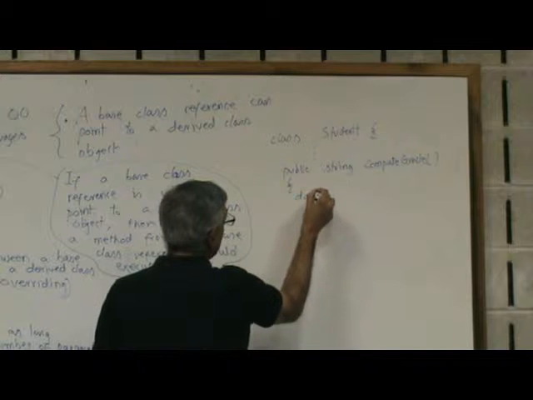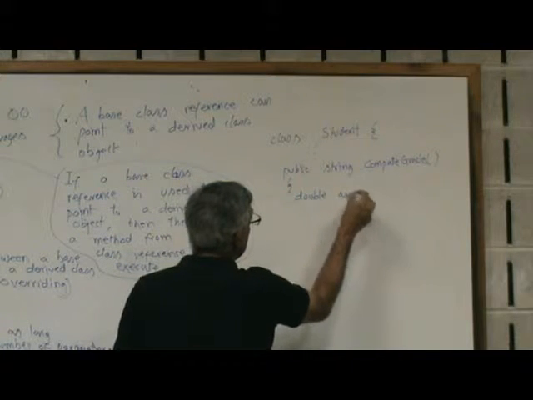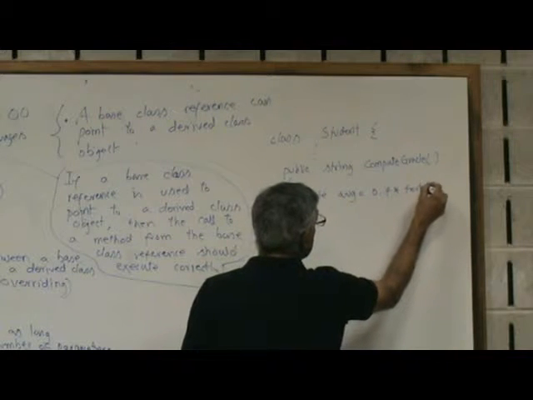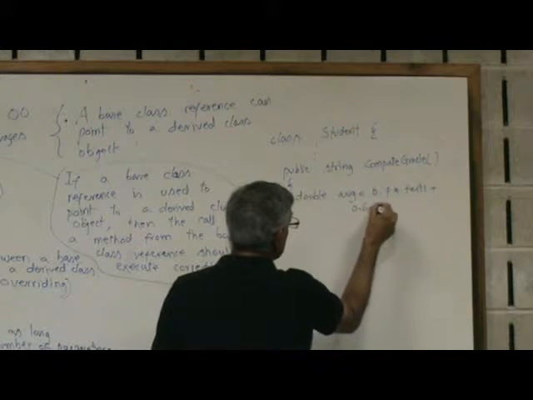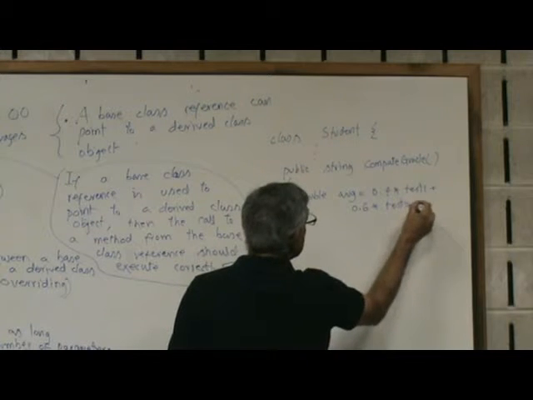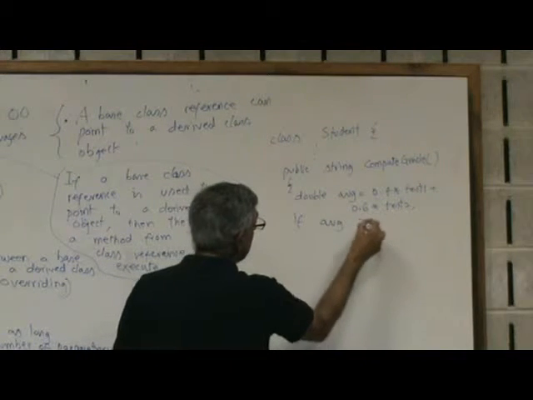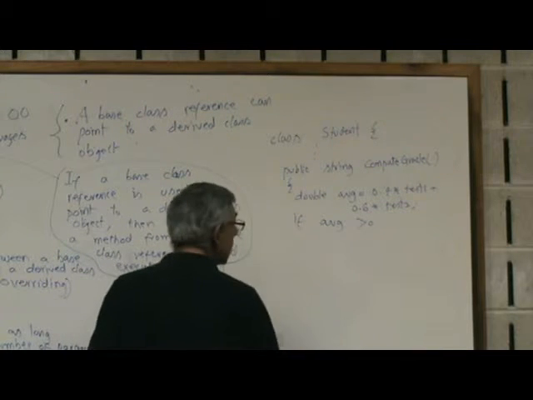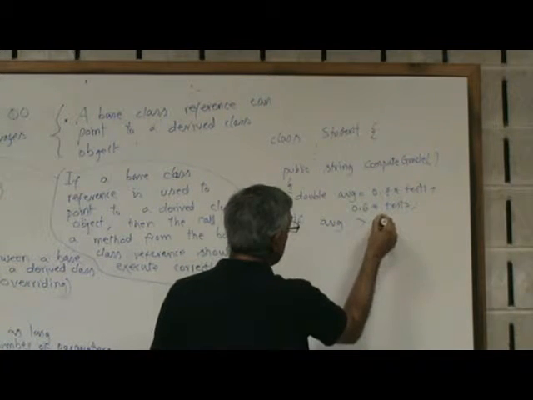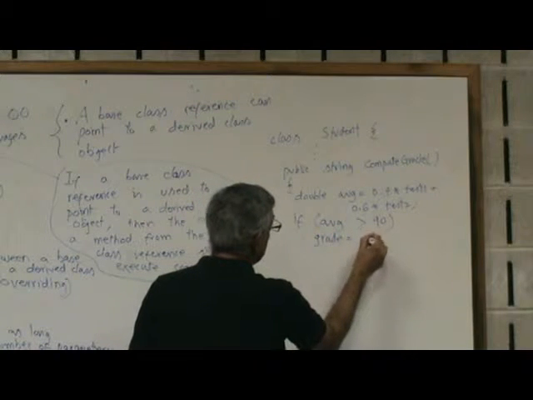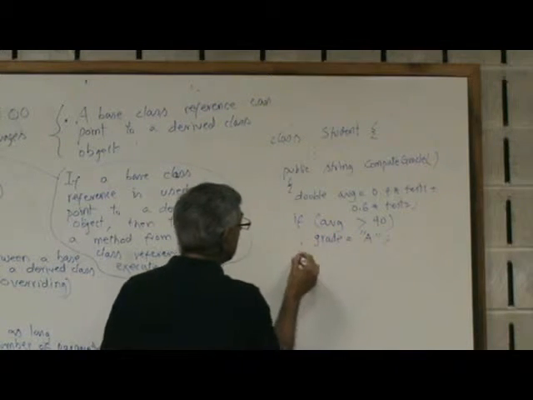And we had some kind of a formula, AVG equal to 0.4 times test1 plus 0.6 times test2. And we said if AVG is greater than 90, grade equal to A, and so on.